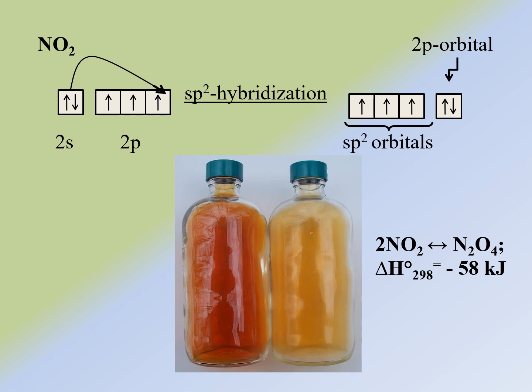If we got a bottle of this substance, when it turns to yellow, then it means that the temperature is lower. When it turns to orange, then it's higher, because delta H of the dimerization is -58 kilojoules per mole. So it's an exothermic process.